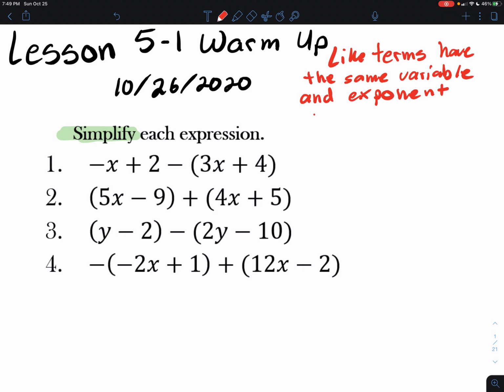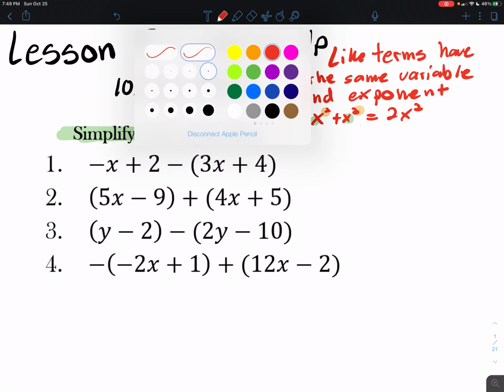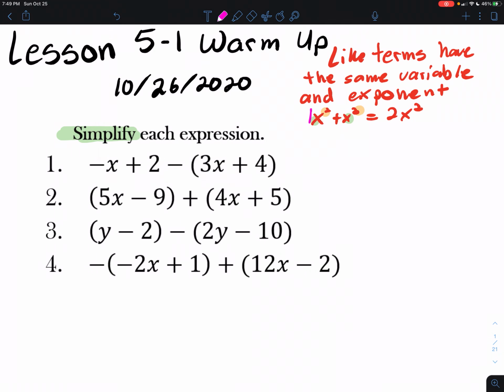For example, you can add x squared plus x squared to get 2x squared. They both have x's and they're both x squared, so you can add them. They have an understood coefficient of 1, so I can add those two together to get 2x squared.